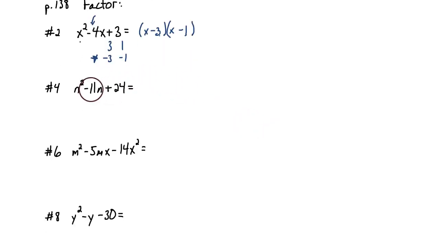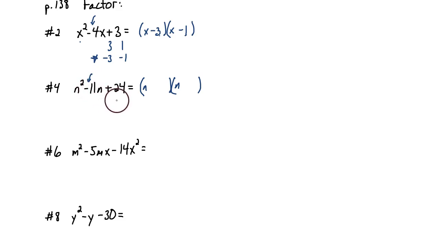Number 4, there is no greatest common factor, and this is not a special pattern called a perfect square trinomial, but it will factor using FOIL. So two sets of parentheses. N times n is our n squared. Now think of possibilities that multiply together to make 24. Looking at the middle term, we see that we want our numbers to combine to negative 11.